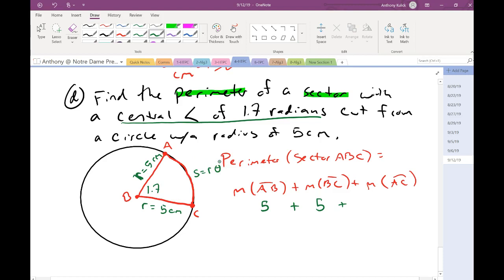S is equal to r theta, because that's going to give me the arc length. So I'm going to have 5 times 1.7. When I add that up, I get 8.5 centimeters.